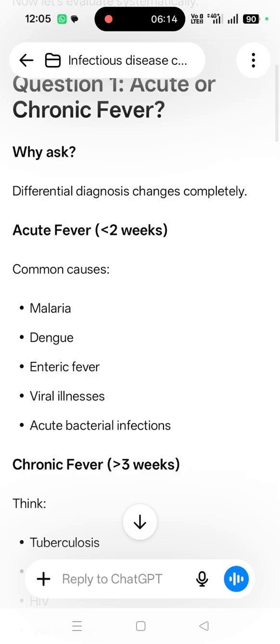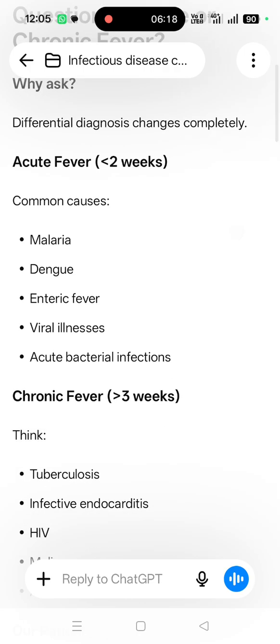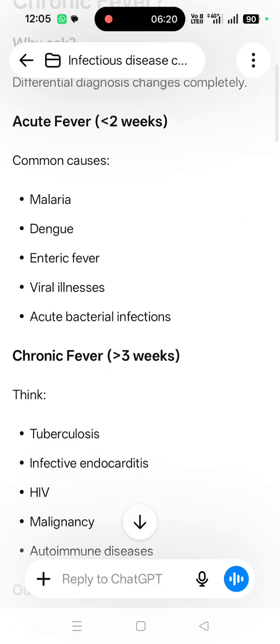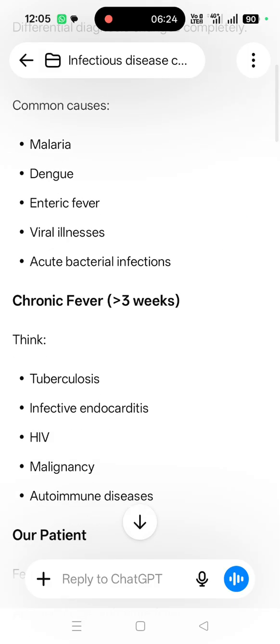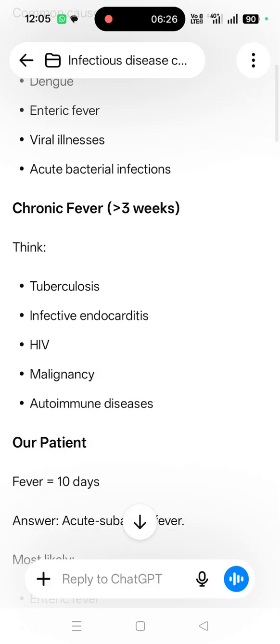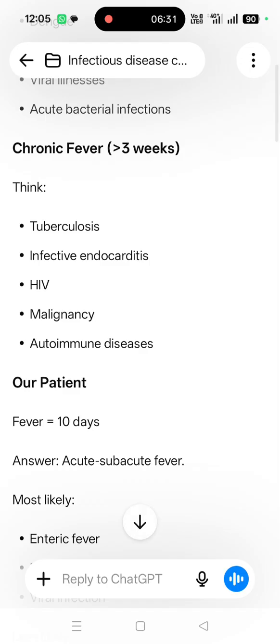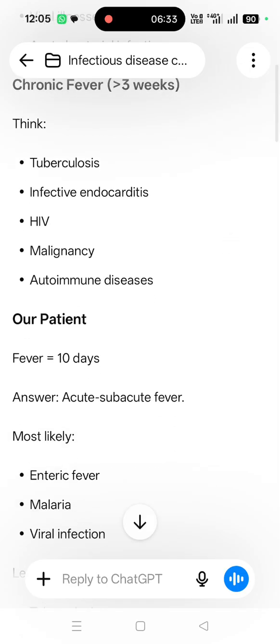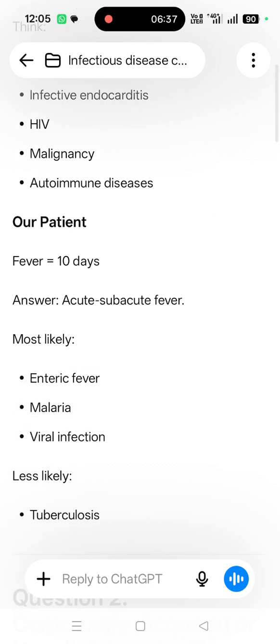If the fever is of less than 2 weeks, then it is called acute fever. Common examples are malaria, dengue, enteric fever, viral illness, acute bacterial infections. If it is chronic fever, that is more than 3 weeks, then you can think of tuberculosis, infective endocarditis, HIV, malignancy, autoimmune disease.